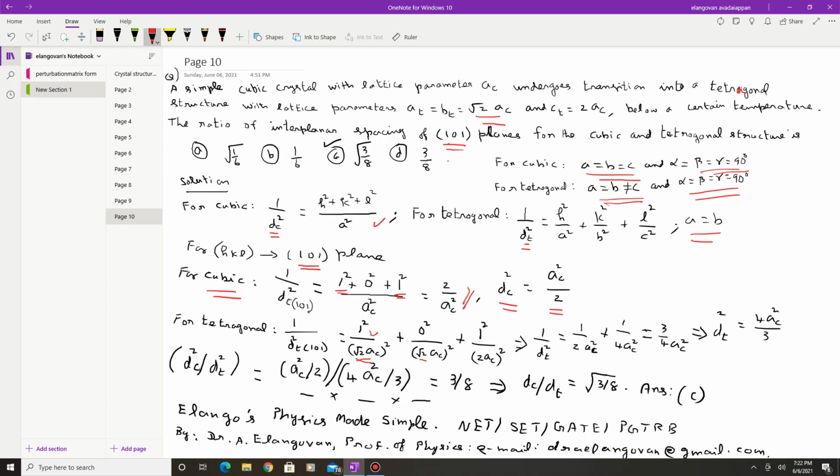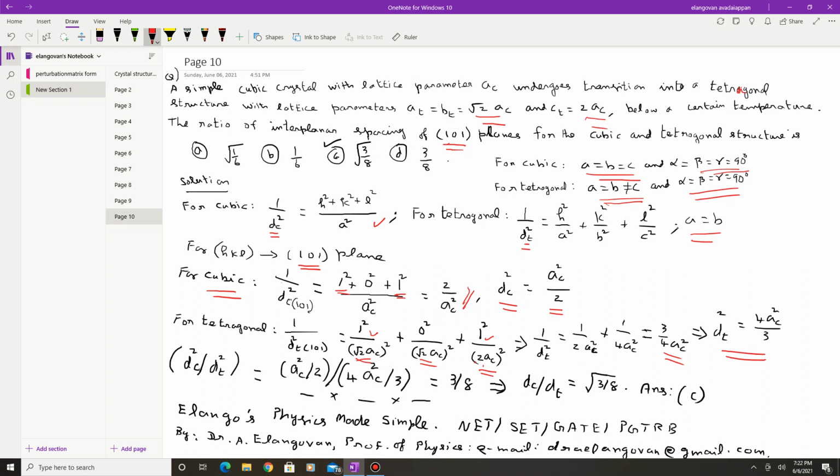And l is equal to 1, because it is the 101 plane. Here this is c, and C is given as 2ac. So you substitute here. Once you simplify, you will get 1 by dt square is equal to 3 by 4 ac square, or dt square is equal to 4 by 3 ac square.